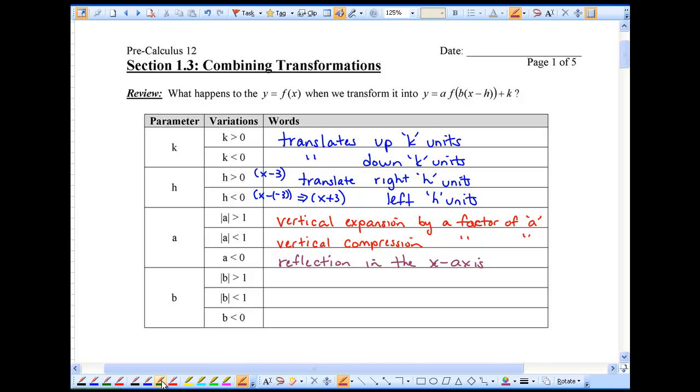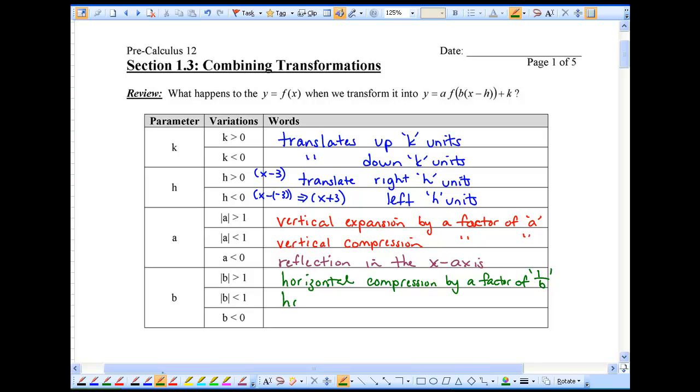And then for the b value, we're talking not vertical, but we're now talking horizontal. This one's the weird one. The horizontal stuff is always opposite. So when b is bigger than 1, it's actually a compression. And we're compressing it by a factor of 1 over b.